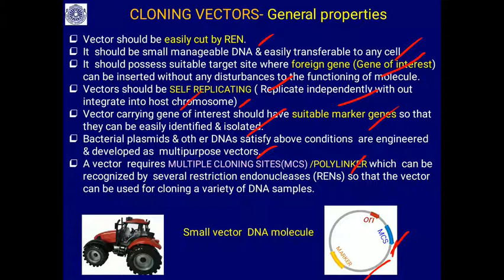It should have a multiple cloning site, or MCS, or polylinker. This is a short sequence, about 20 to 100 base pairs, which contains restriction sites for many restriction endonucleases. The restriction site for each endonuclease is different. It is different for EcoRI, different from EcoRII, different from HindIII, BamHI, all those restriction endonucleases.